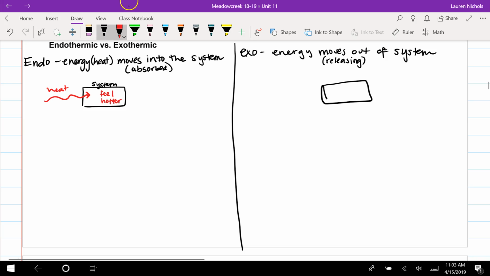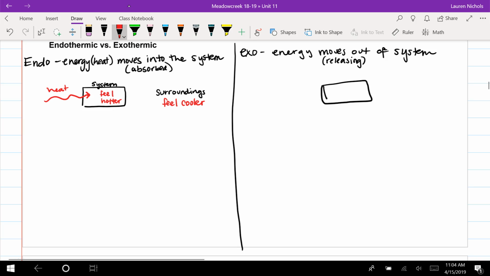But that means the surroundings, which are literally everything in the entire universe except for that box, especially the immediate surroundings, so the air right around the box, will start to feel cooler. They're going to feel the opposite.